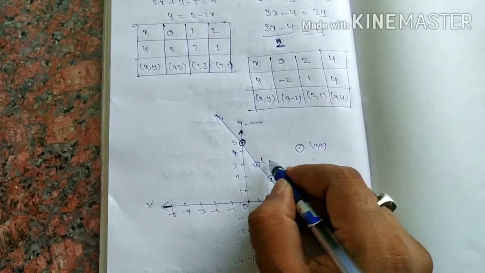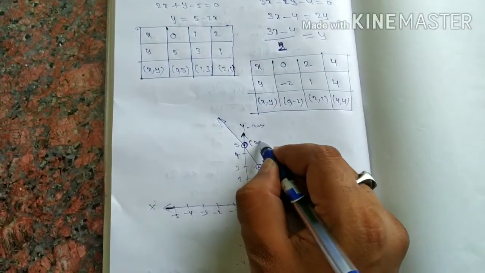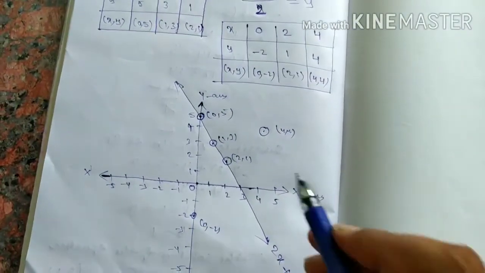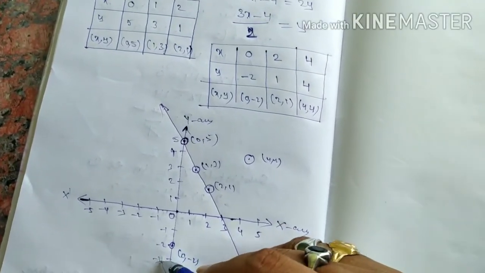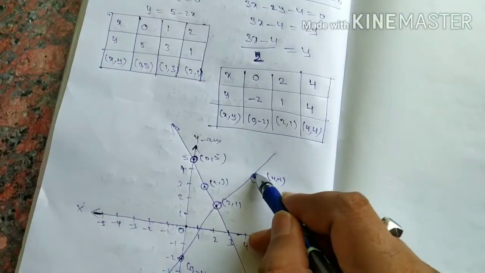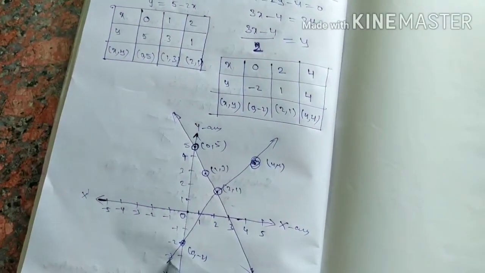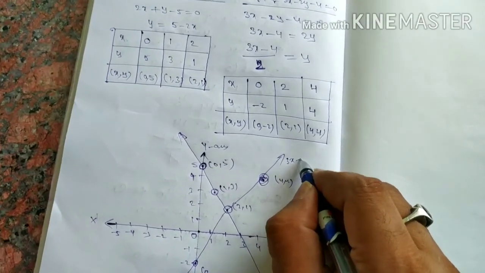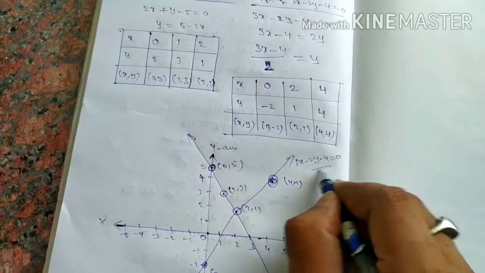Here I already wrote 1 comma 3 and 0 comma 5. Passing through these 3 points you should draw a line. Exactly on the line you will get this equation, 3x minus 2y minus 4 is equal to 0.